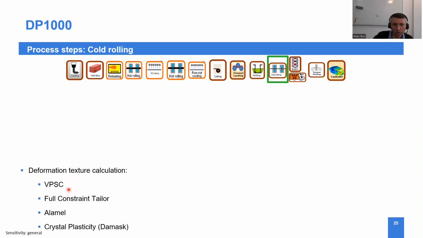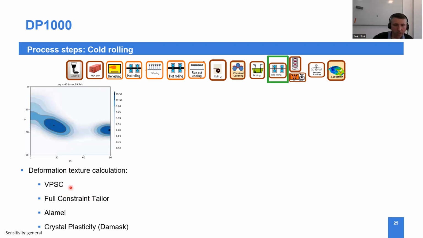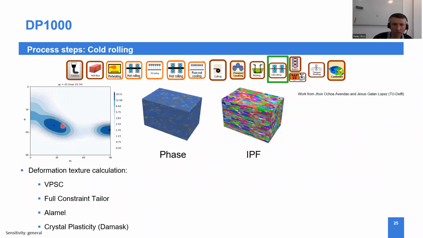These are non-topological models, and the idea is that you generate a deformation texture, a typical cold roll texture of course, which we can then, on a statistical basis, map back on our CA microstructure. Now, you will see that this is actually not the mapping belonging to this one, but I think it illustrates the way we can do it.